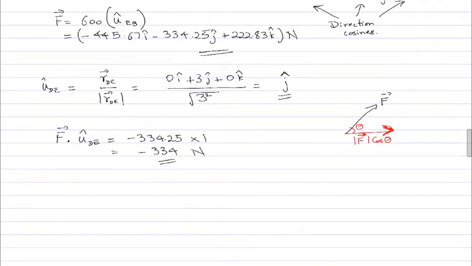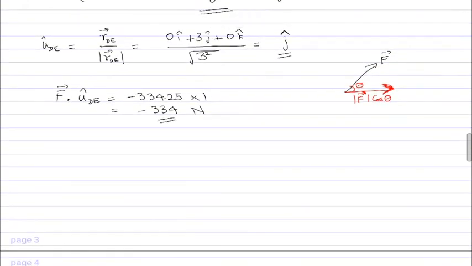So now you have this red component that we drew here. Now what the problem asks for is also a component of F that is perpendicular to the line DE, which means it will look something like that. So the component of F that's perpendicular to the line DE.